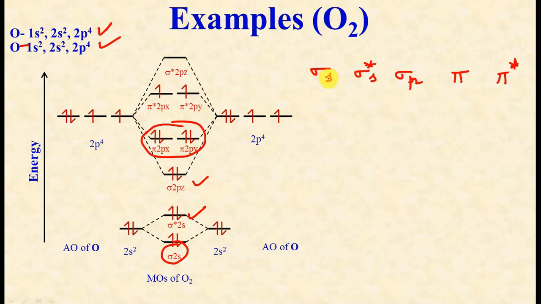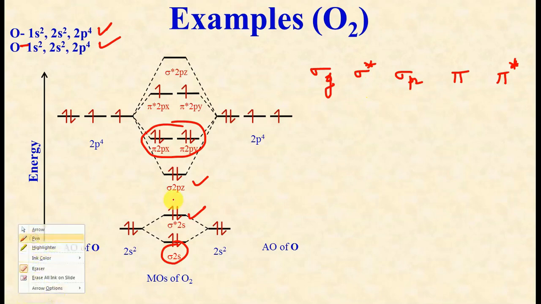So as we have studied right now, sigma bonding molecular orbitals have been assigned the sign g, meaning they are symmetric with respect to the center of inversion. Anti-bonding molecular orbitals are assigned sign u because they are unsymmetric with respect to the center of inversion.